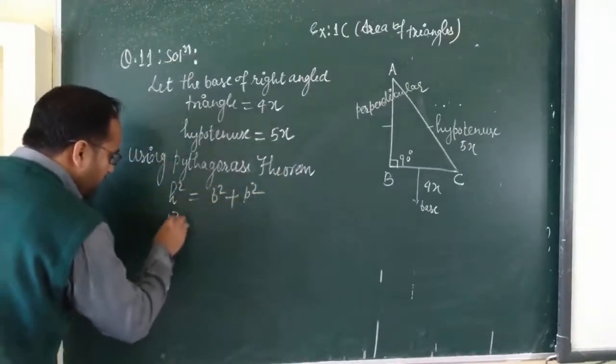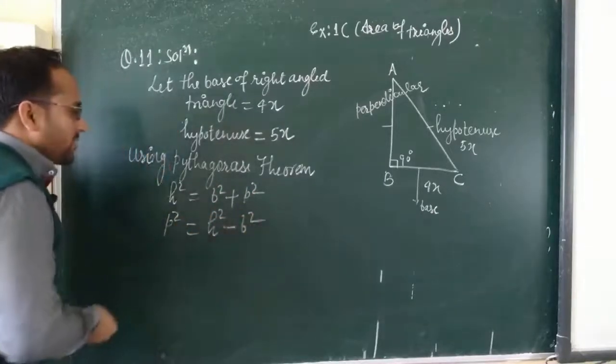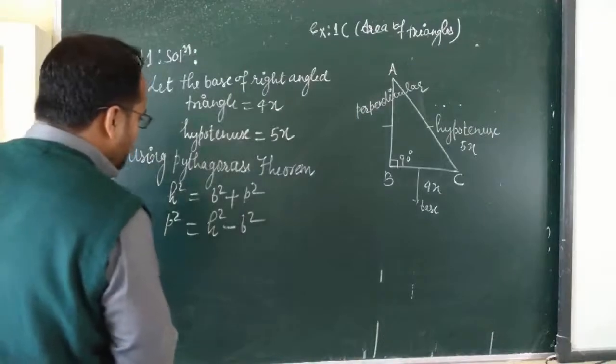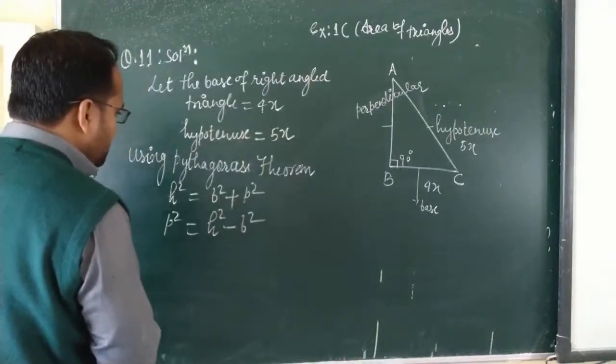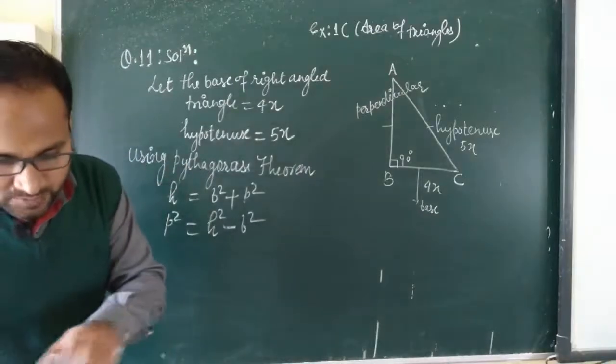So our aim is to find the perpendicular square, which is equal to hypotenuse square minus base square. Okay, students, any problem?